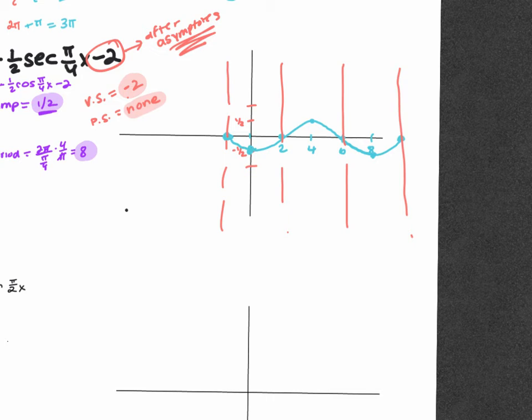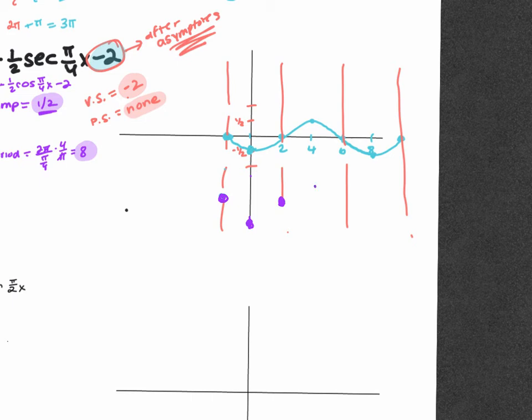Then I would draw my curves bouncing off of those, but before I do that, I want to shift my curve. This is a vertical shift down 2 places. So I'm going to take all of these points and shift them down 2 places. This is at 0, so it's going to go down to -2. This is at -1/2, so it's going to go down to -2.5.